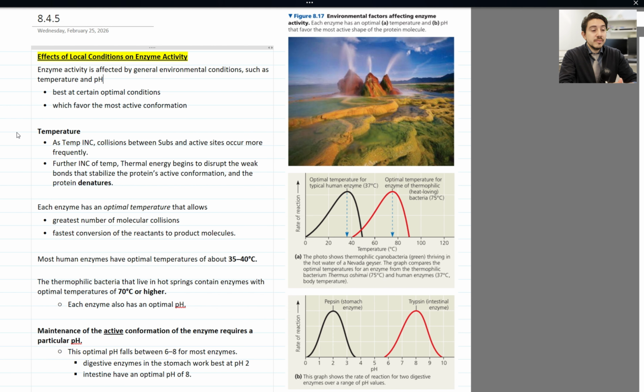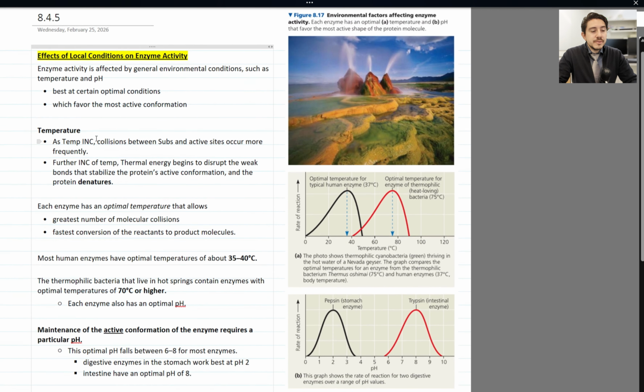What I mean by this is temperature and pH mainly. Different enzymes have different tolerance ranges and optimal ranges in which they work best, and at these conditions, you'll have the most active conformation and the highest rate of efficiency.